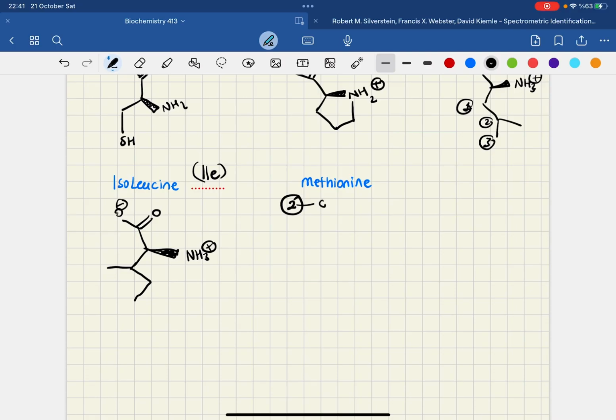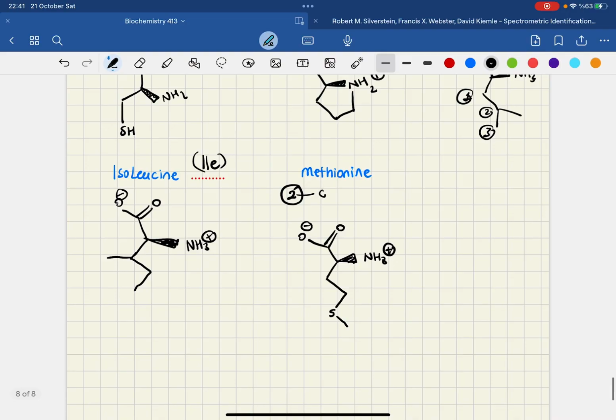Alright, now we are halfway done. How so? Let me just draw the amino acid, and then we will draw our amine group over here, NH3 plus, and then we have 1, 2, and then we will have a sulfur. Alright, this is it, and then we will have our last methyl group, and I just draw it over here.